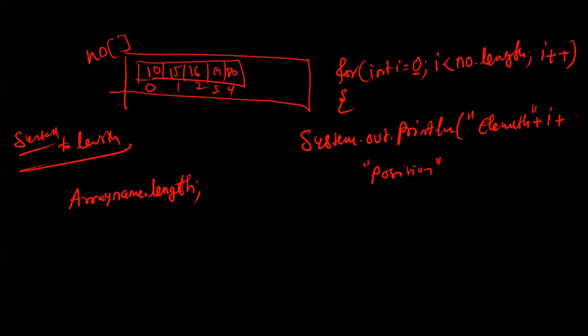Okay, i-th position, you can write "th" here, again plus, "position" plus. Here you can print the element. What is that? num[i]. Okay, num[i], and close the bracket and semicolon.